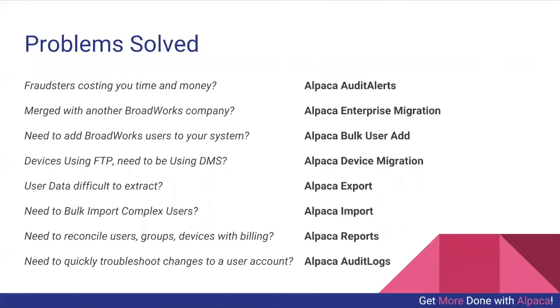And so what we can do is we can use the Alpaca export tool in concert with the Alpaca import tool to back up any individual enterprise or service provider, or group for that matter, to a file, and then you can do whatever you want to with it: slice it, dice it, delete it, make modifications.